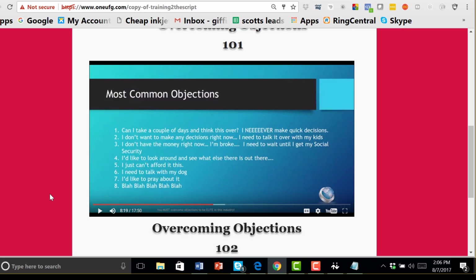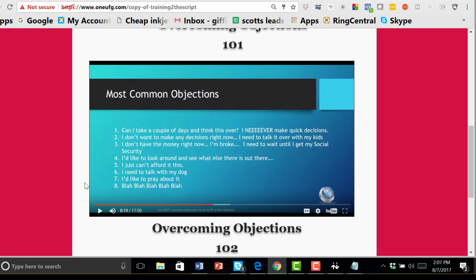"Could you give me a call next week? I want to look over my finances and just make sure I can afford this." "I don't really want to make the decision right now. I'm the type who really likes to think things over." Those are the ones you're going to get.